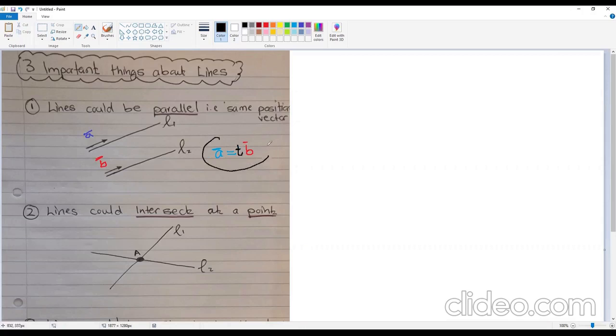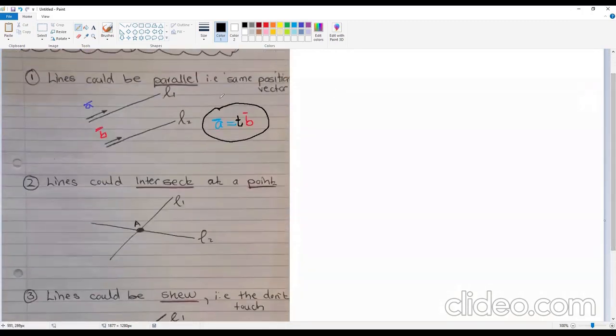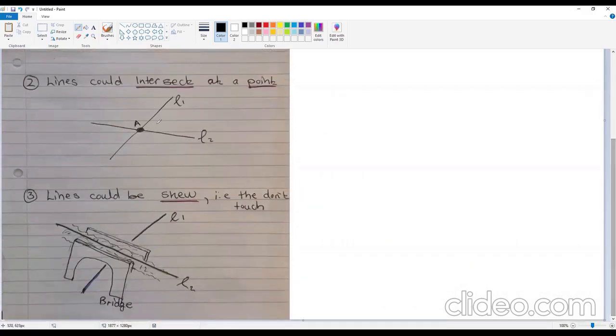You're going to have something like this if they are parallel. I showed you. If they are not parallel, that means they either intersect or they are skew. Intersect means they have a common point. When they are skew, it means they don't touch and they don't have a common point. I created a bridge here: one is on top and the other one is under the bridge.